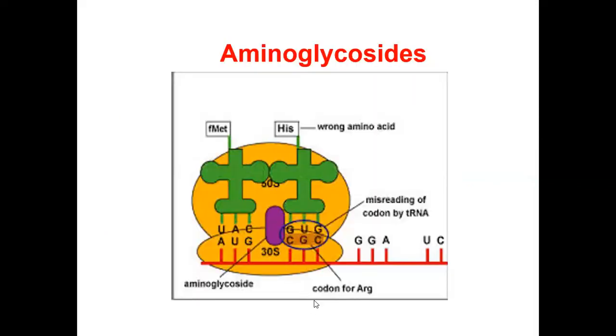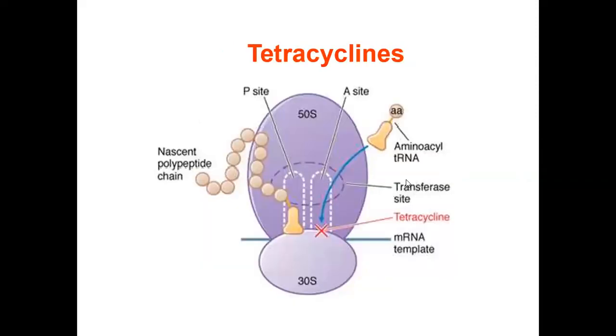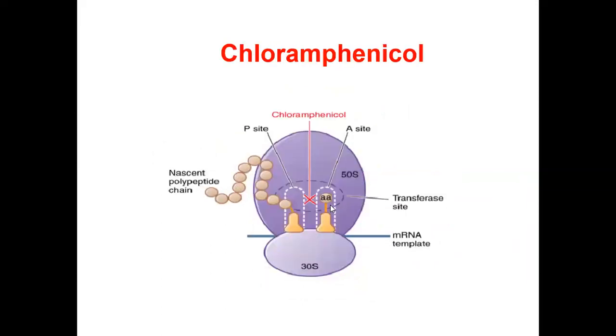Okay, here you can see how aminoglycosides act. Tetracyclines block the mRNA connection with the small subunit, and chloramphenicol blocks the big subunit.